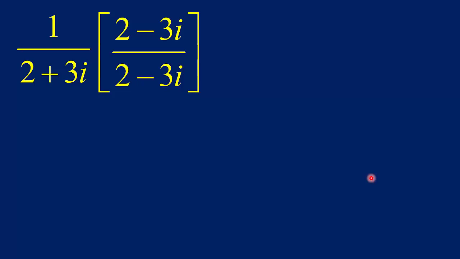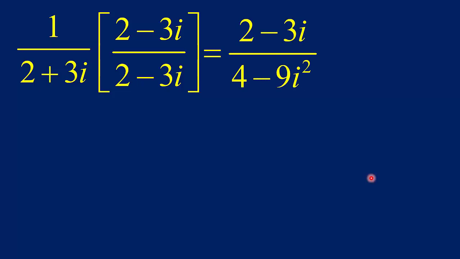So if I multiply by 2 minus 3i to the top and the bottom, what I'm going to get up top is just going to be 2 minus 3i. But remember, when we multiply a minus b times a plus b, what we're going to get is a squared minus b squared. In other words, a minus b times a plus b will give you a squared minus b squared. Now, we have these complex numbers.